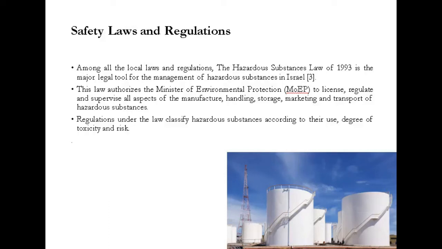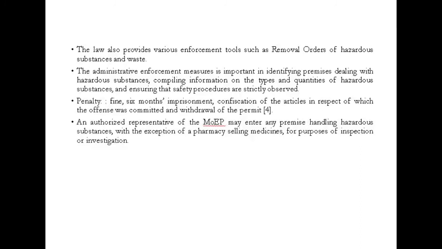Licenses are required for any premise selling hazardous substances, and permits are required by any business dealing with hazardous substances. The data provided will help MOEP to widen its supervision and control over hazardous substances found in every industrial plant in Israel. The law also provides various enforcement tools, such as removal orders of hazardous substances and waste.